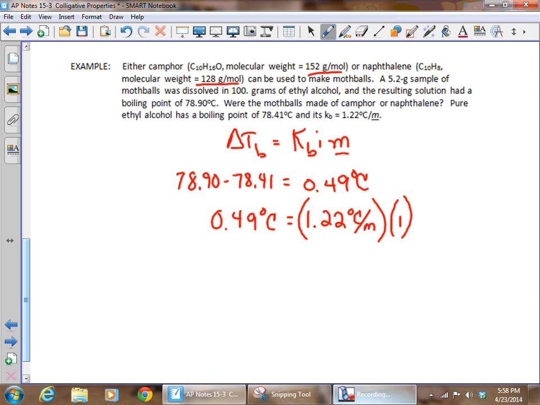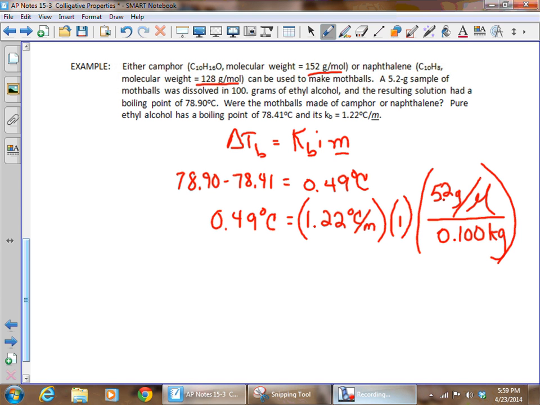We know we're dealing with 5.2 grams of this substance. What we don't know is the molar mass. So divided by the molar mass, and we know that it's also in 100 grams of the ethyl alcohol, so 0.100 kilograms of our solvent. And we're solving again for the molar mass.